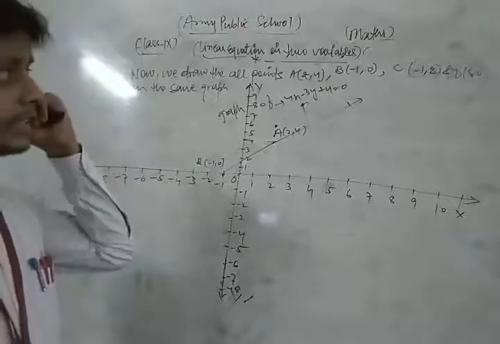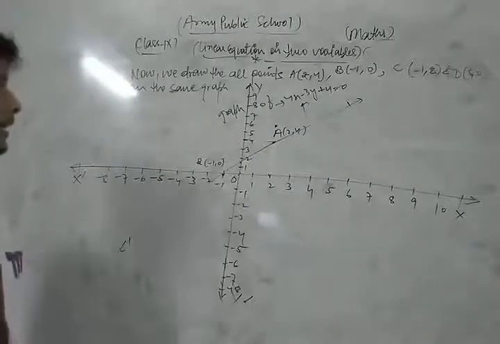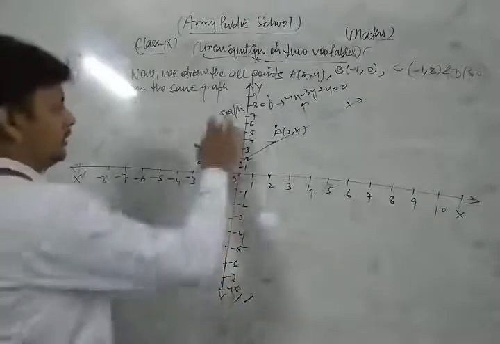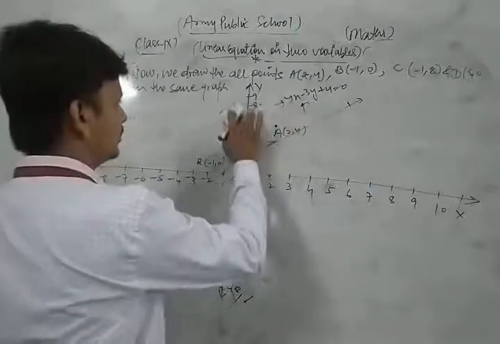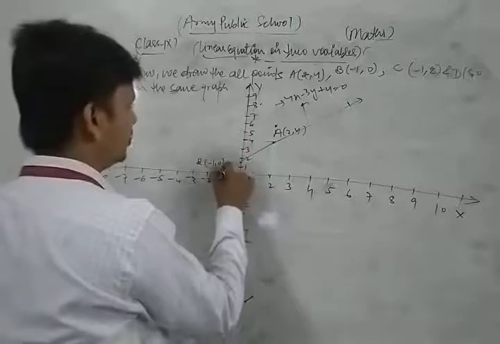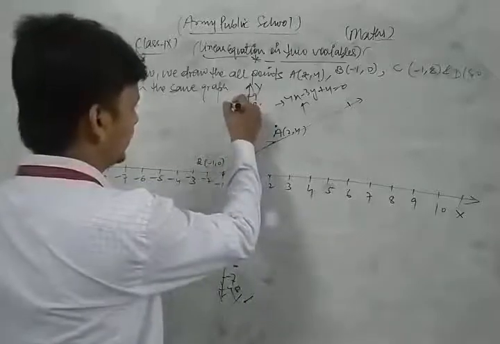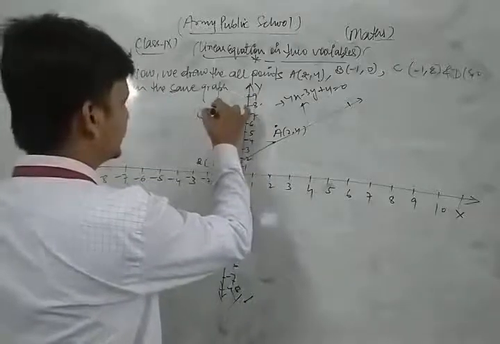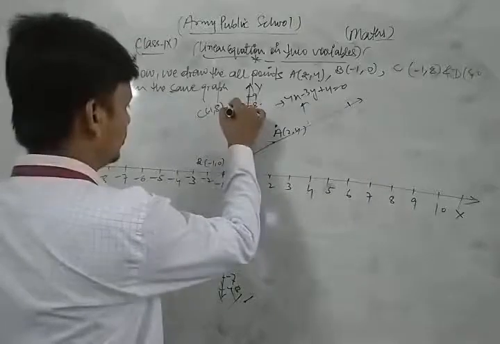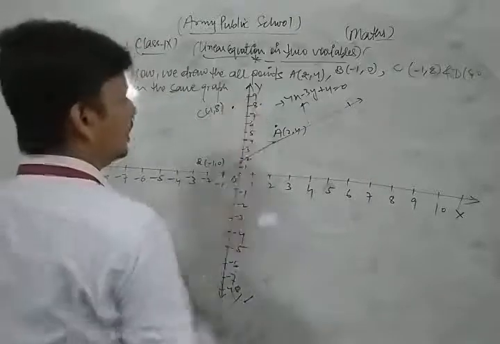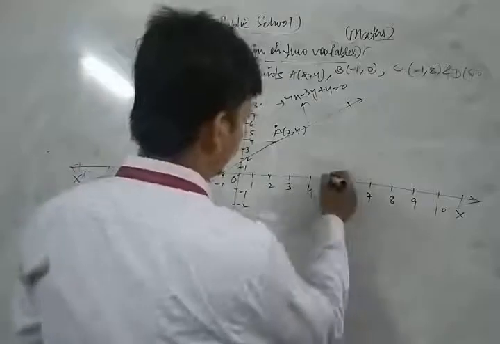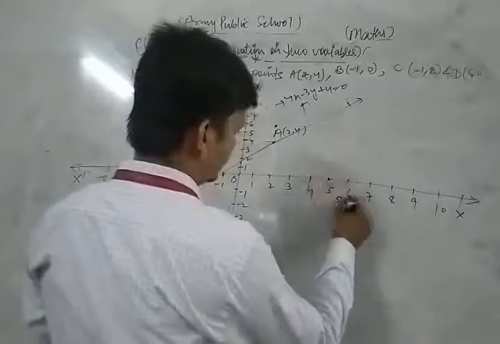Next is C (-1, 8). So minus 1, comma 8. 8 is there. The point C lies there. And D (5, 0) on the x-axis here. This is 5 comma 0.